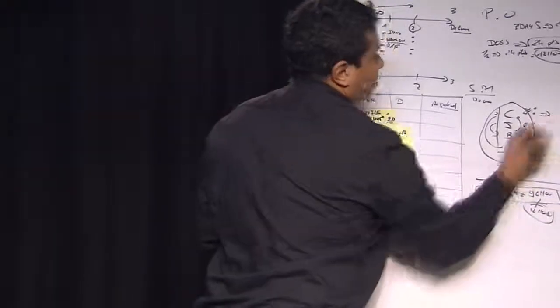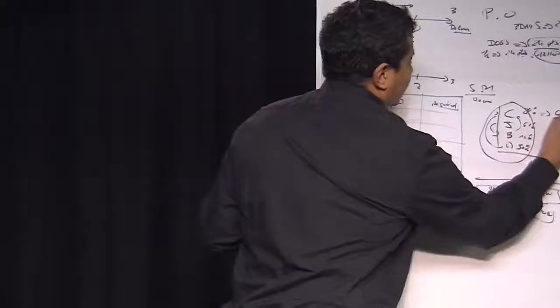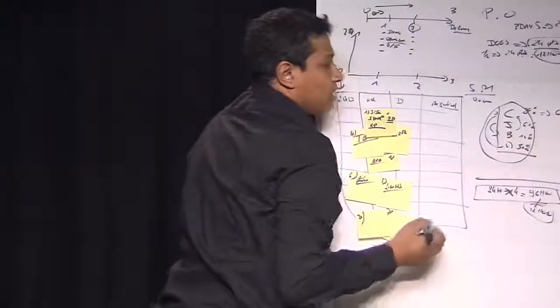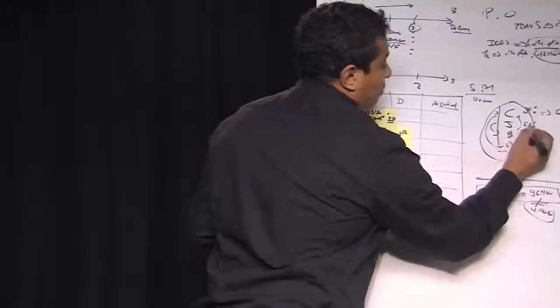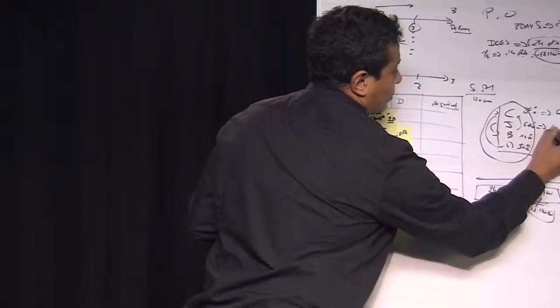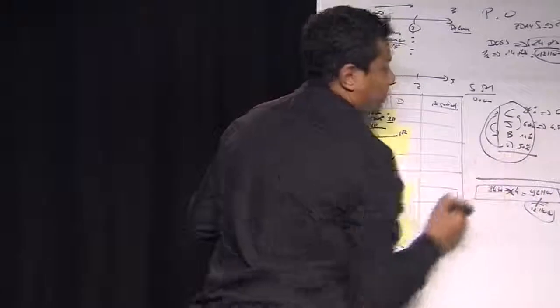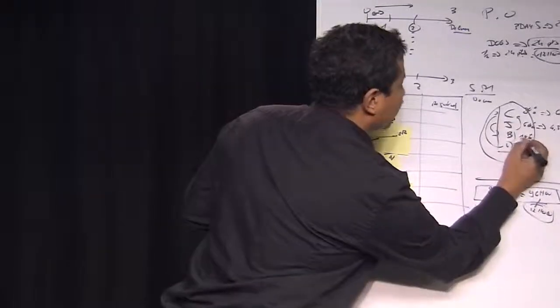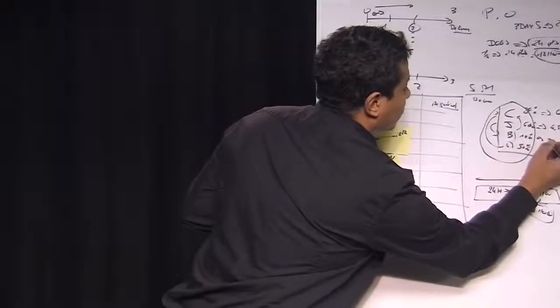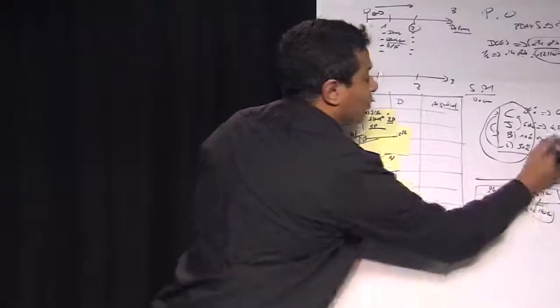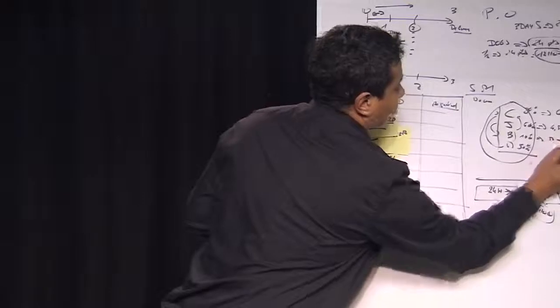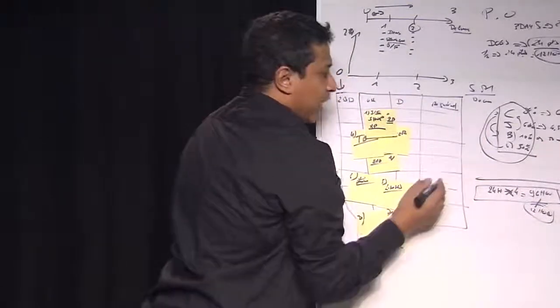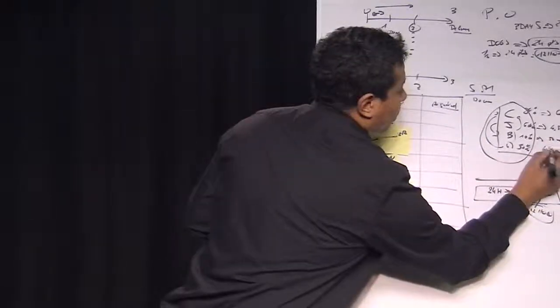So 80% of 8 hours, 6 hours per day. Joe, 60%, 4.5. Ben, we said 10% of 8 hours, so 50 minutes, let's say, per day. And Mark, 50%, 4 hours.